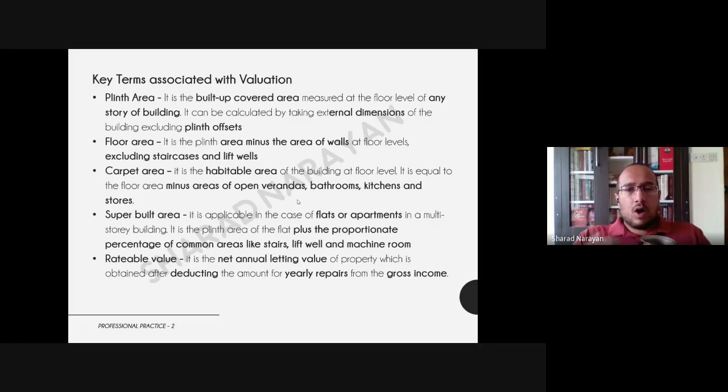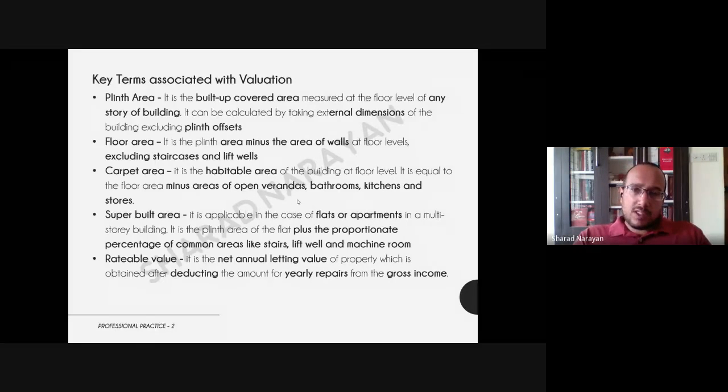None of the equipment that you leave there as a part of the unit itself can also be considered for this. So rateable value is basically the shell of the building itself, its letting value, and you deduct yearly repairs for all of those important aspects of the entire shell from the gross income which you would have gotten.